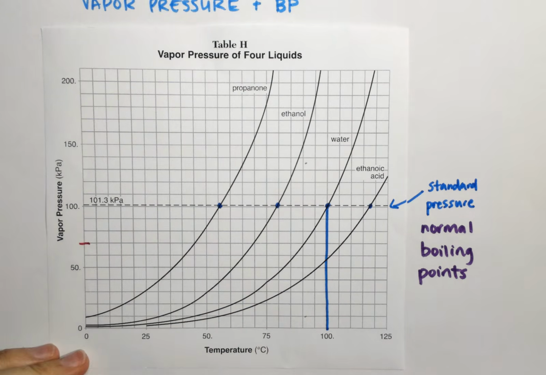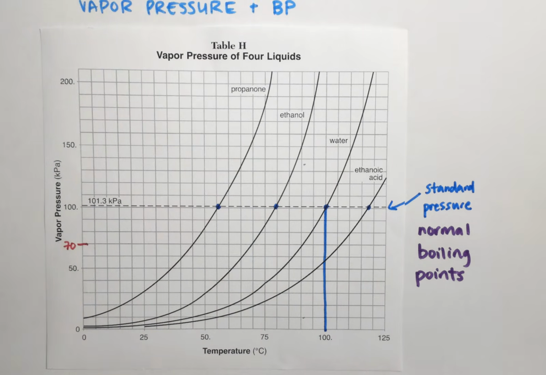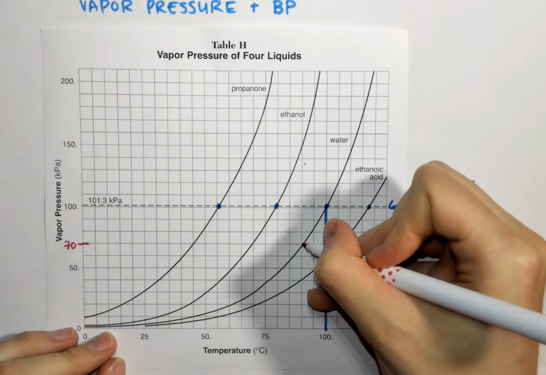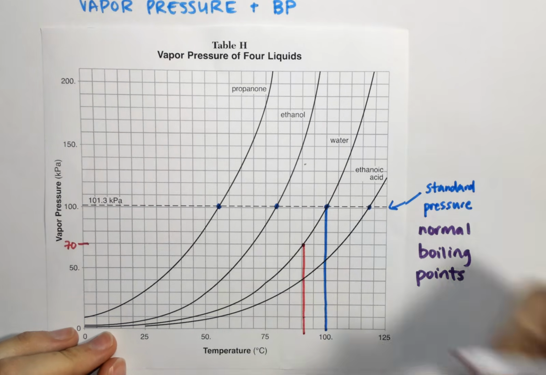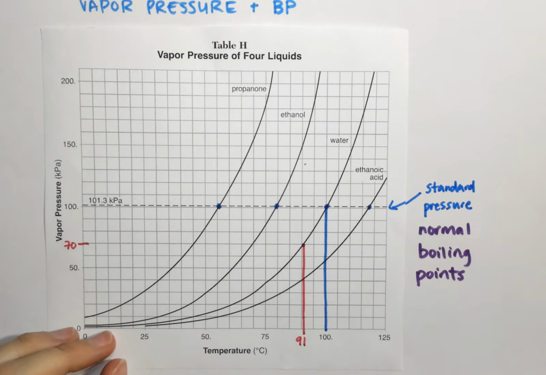Our y-axis goes in increments of 10, so be careful with that. Here we are at 70. If I want to know the temperature that water boils when the pressure is 70 kPa, I'm going to come all the way across until I hit my water curve, come down, and find that I'm sitting at about 91 degrees Celsius.